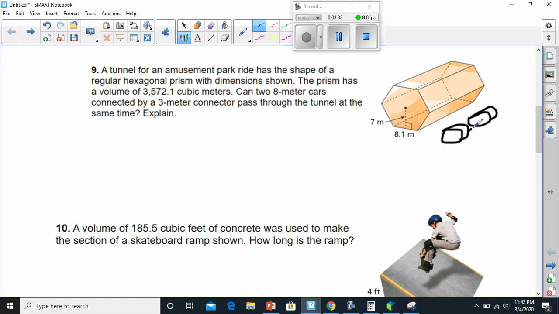Will they be able to fit through here? They want to know, is this long enough to hold this car and this car? Let's just pretend those are the seats on the car. So we got to find out the length here.